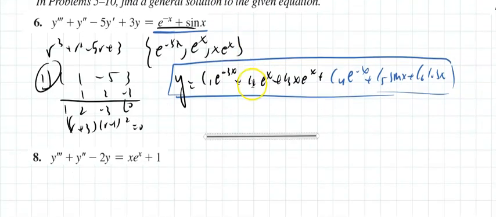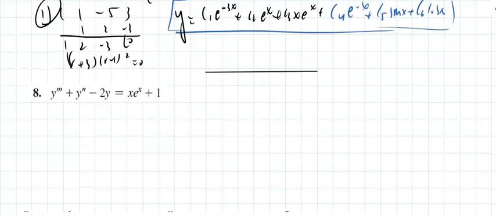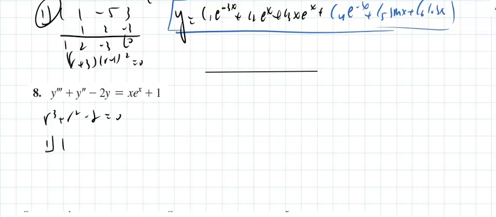Same deal with number 8. We did this already on the previous page. Let's do it again. r cubed plus r squared minus 2. So here we'll say, well, let's see, 1 works. So we notice this is r minus 1 times r squared plus 2r plus 1 equals 0.